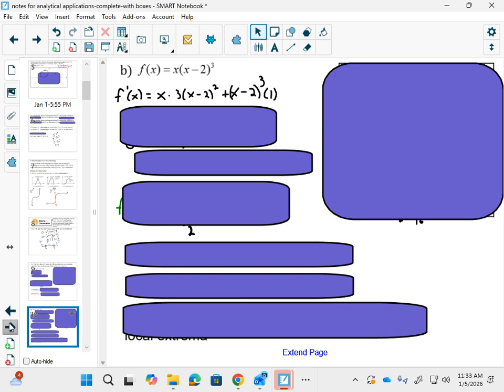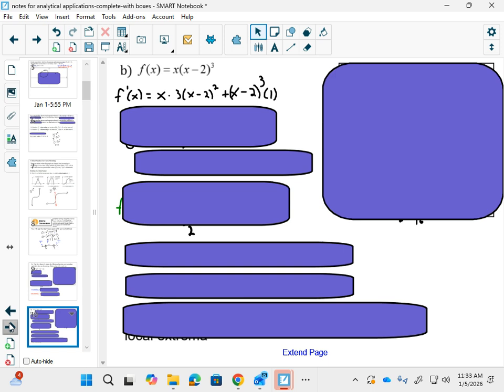Do you see that you have a product rule here? Keep one the same, derivative of the second one, plus keep the other one the same, derivative of the first one. You could have multiplied this out and then done the derivative that way as well. So you have some choice.